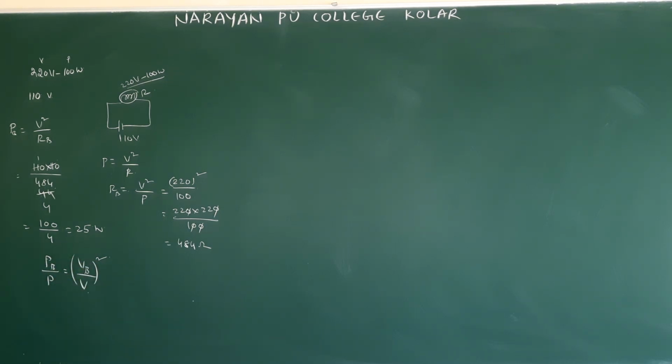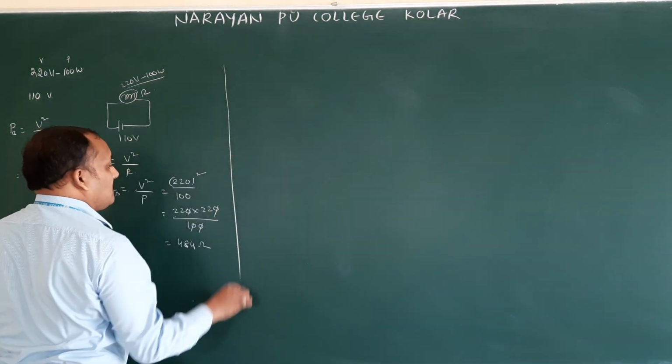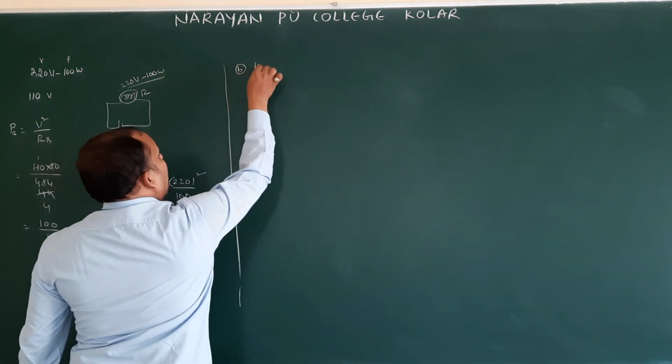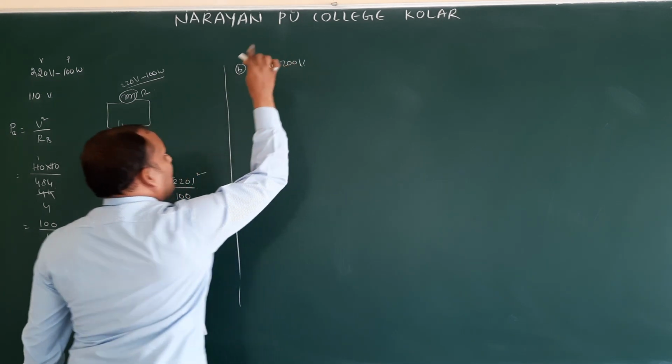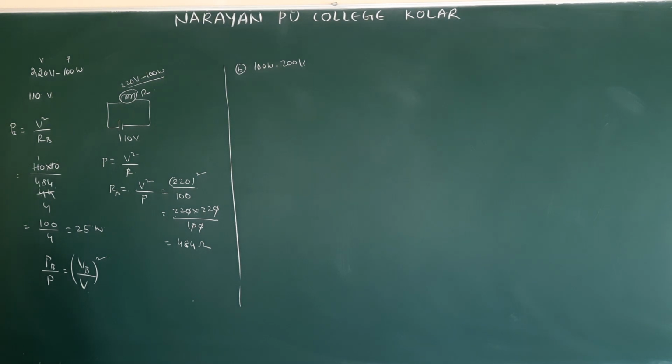Next, in question B they ask, calculate the following for a 100 watts, 200 volts bulb. That is the rated power and voltage. First, they are asking the resistance of the filament of the bulb.